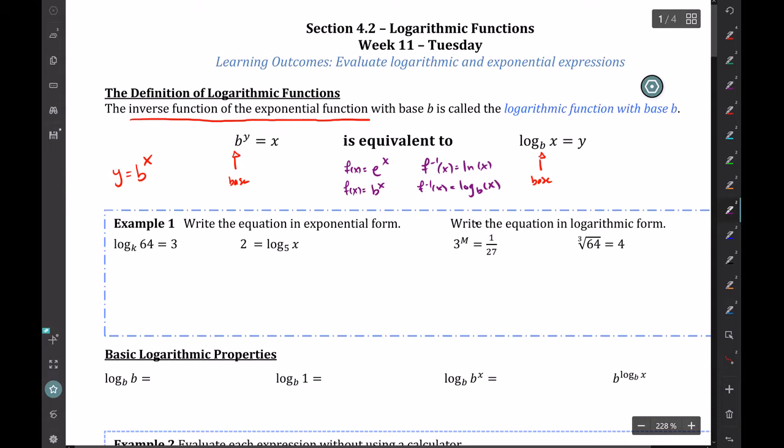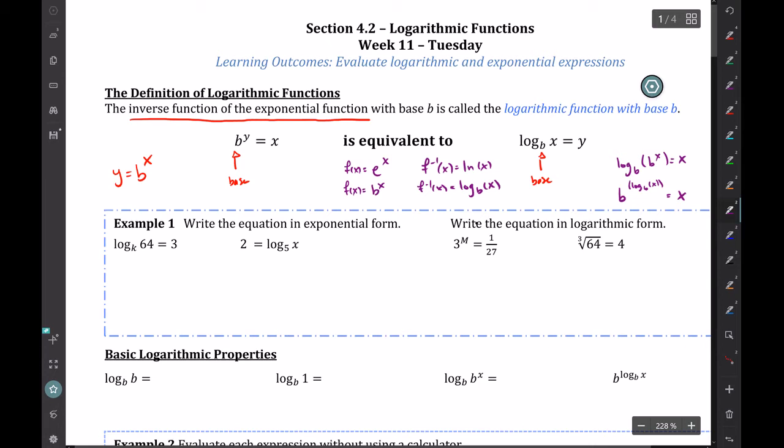Okay? And we always have this property that because these are inverses, log base b of b to the x must be equal to x. For any value of x, that has to be true. And also, b raised to the log base b of x also has to equal x. They're inverses of each other.